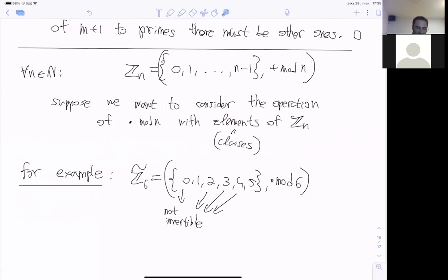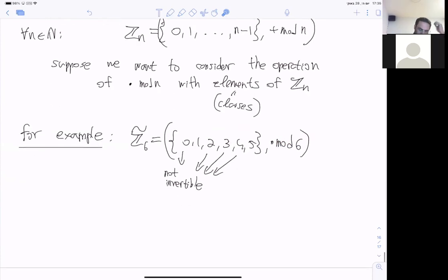I mean, you cannot multiply one of these with something here and get 1, because if this is the operation, then the neutral element will be 1 with respect to multiplication.